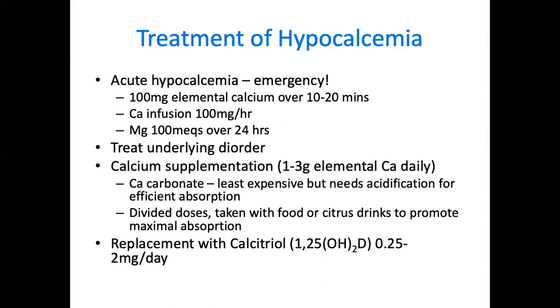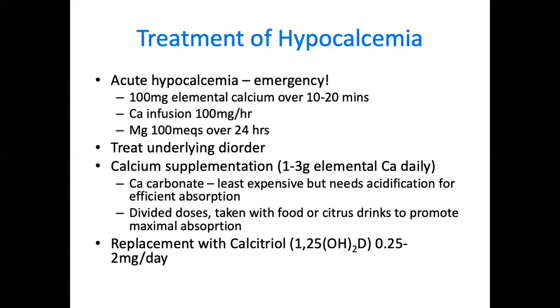Calcium carbonate has 40% elemental calcium. So 600 milligrams times 40% would be about 240 milligrams of elemental calcium.